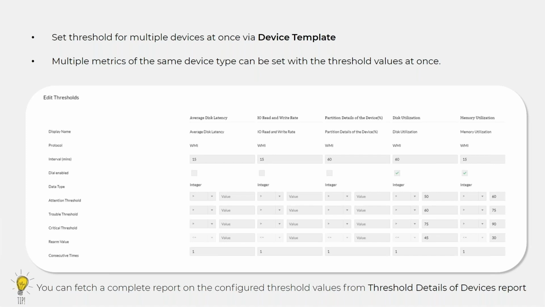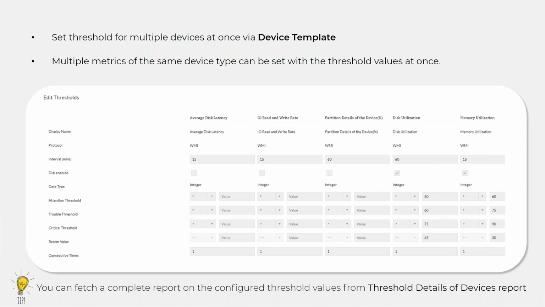That's going to help you in associating in bulk, and it's going to reduce your time in configuring the threshold value for the devices that you have discovered in OpManager. You can also fetch a complete report on configured threshold values from the threshold details of device report as well. So in case you want to view that, you can pull that report.